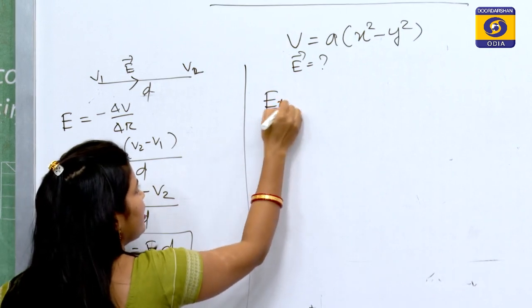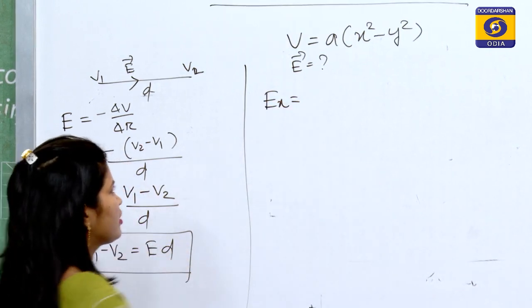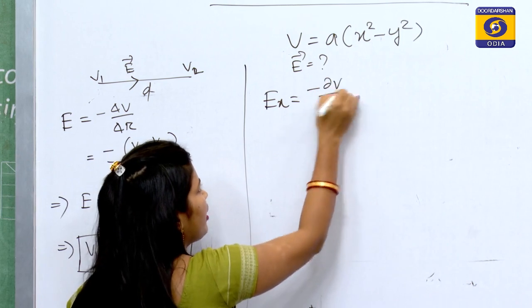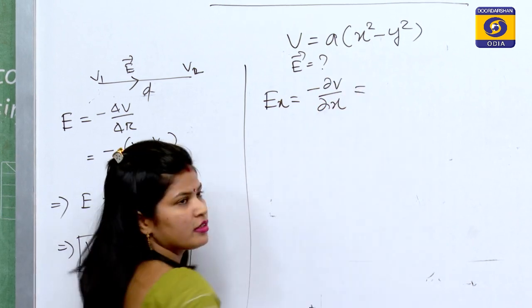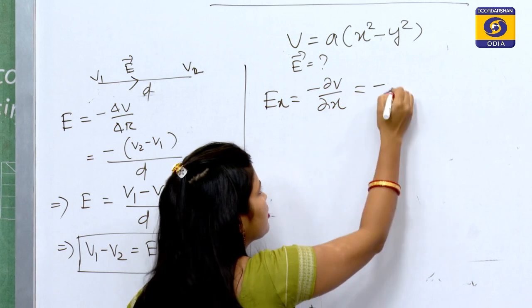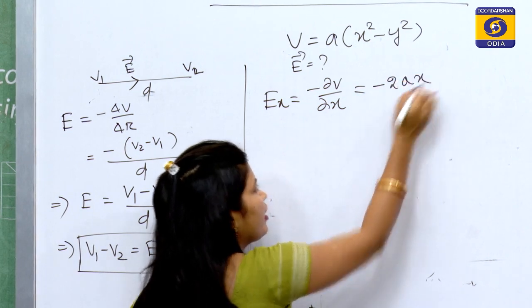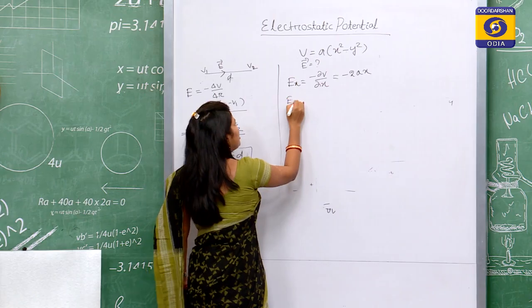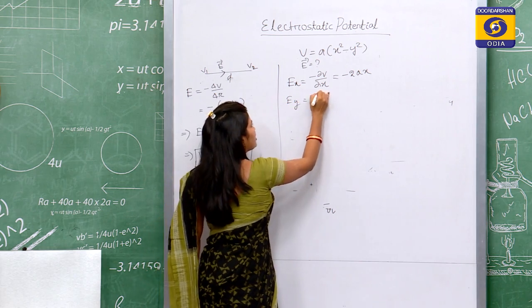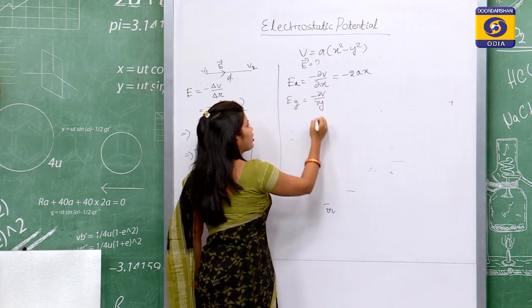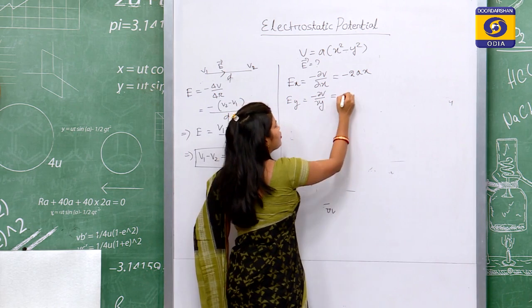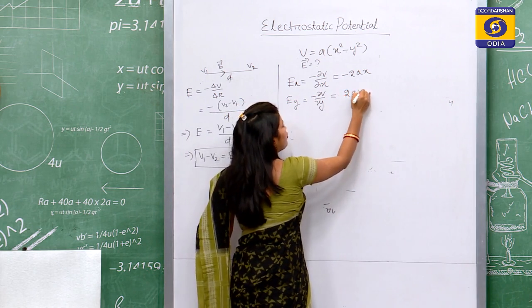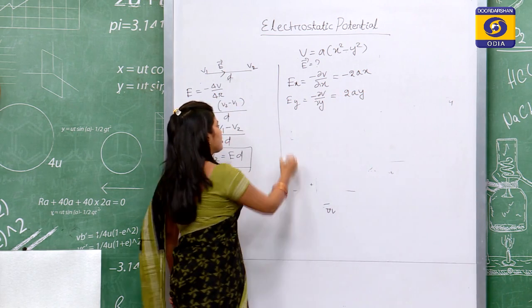Yes, that is E x is equal to how much? That is minus del V by del x. So, this is minus 2 A x, and E y is equal to minus del V by del y, that is equal to 2 A y.